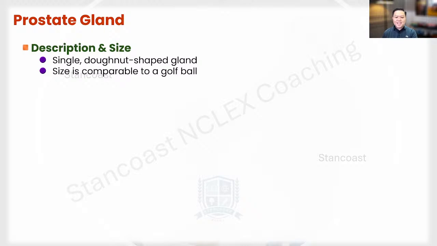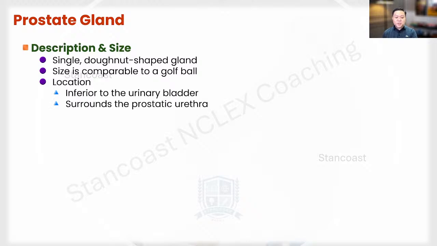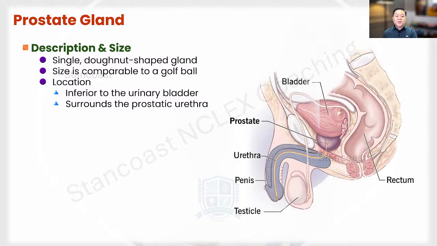Now, it is located inferior to the urinary bladder, and it surrounds the prostatic urethra. It functions in the secretion, especially the production of the prostatic fluid, because the prostate gland can secrete a slightly alkaline fluid that constitutes about 20 to 30% of the volume of the semen.